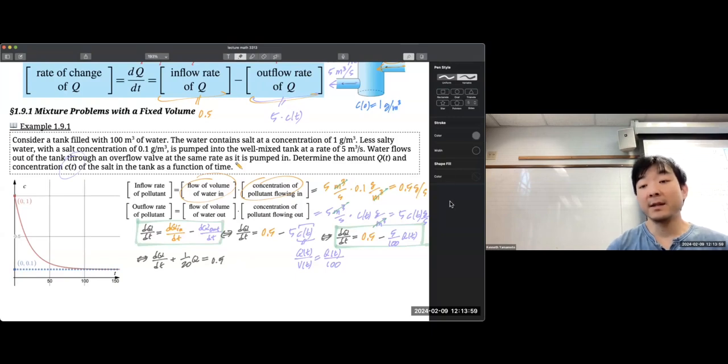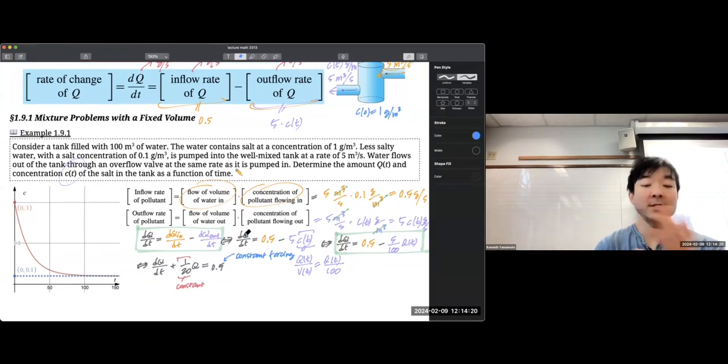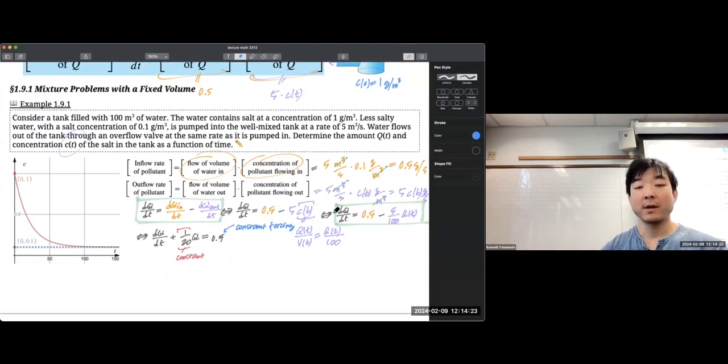We can notice that this is a constant coefficient equation with a constant forcing function. So it's the method of undetermined coefficients. This isn't hard to solve, so we'll quickly do that right away.